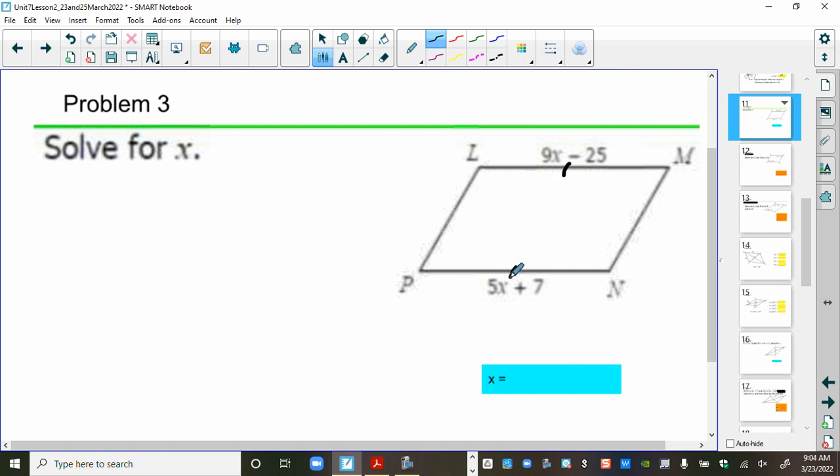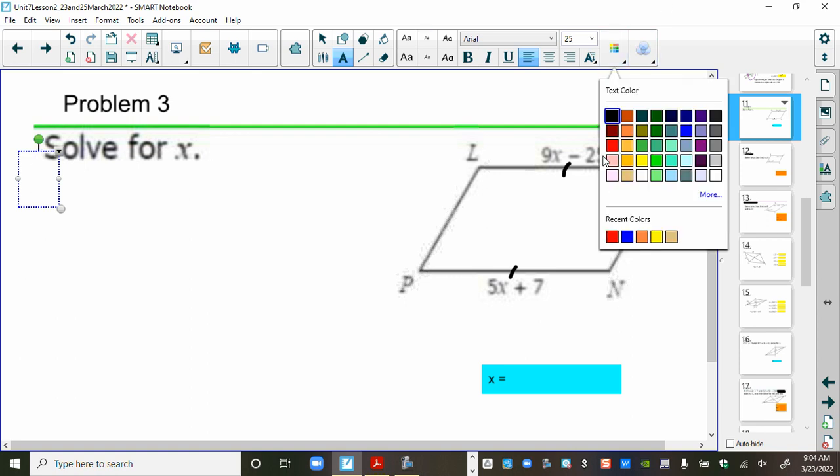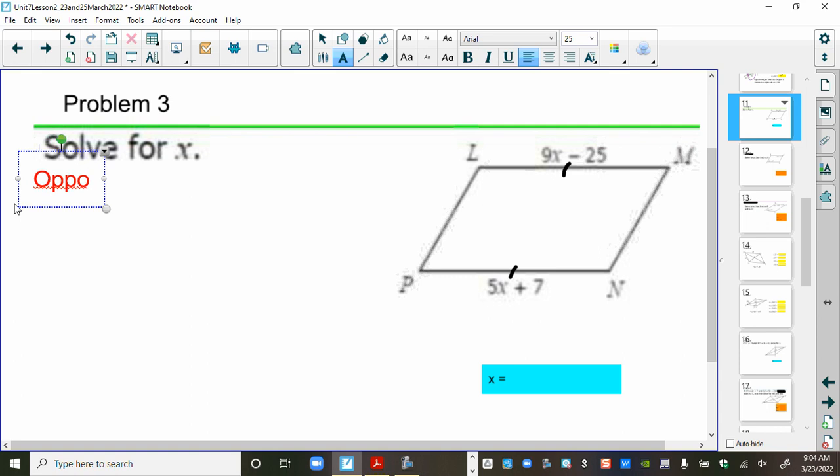So what can we say the relationship is between the 9x minus 25 and the 5x plus 7? They're equal. Bingo. Opposite sides are congruent.